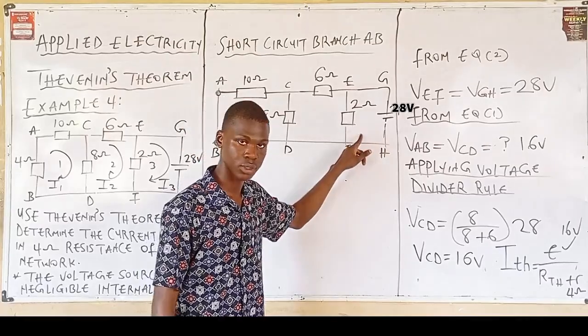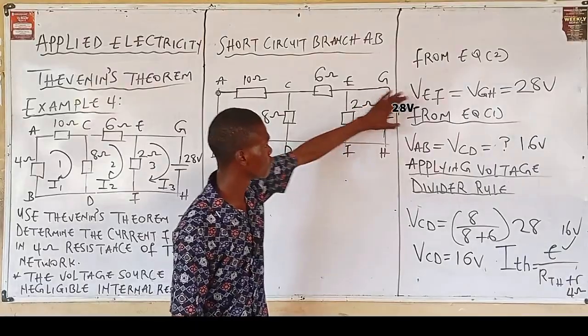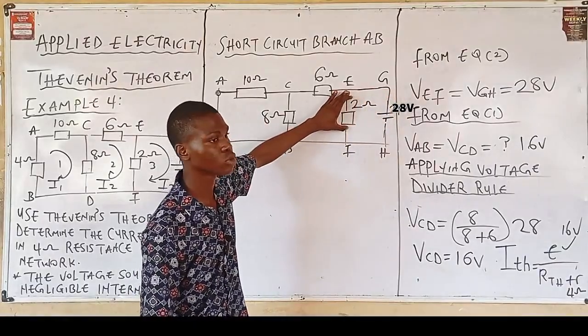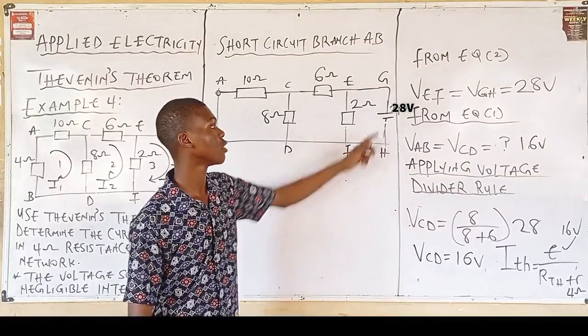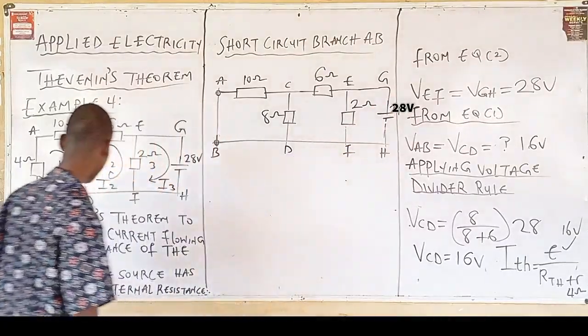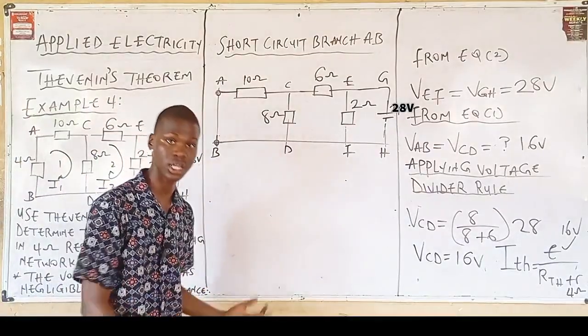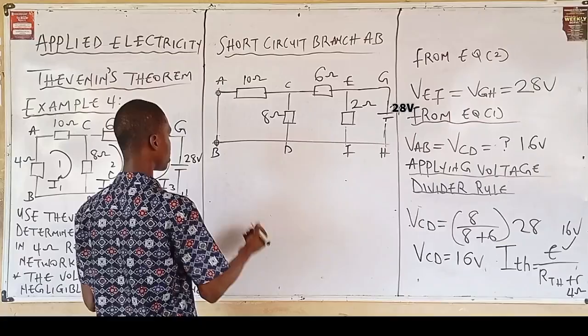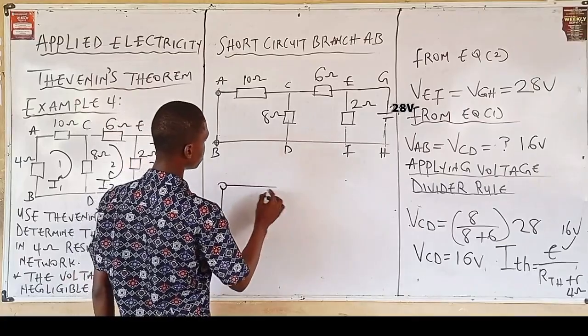So I'm also removing this 2 ohms, replacing it with the internal resistance of this 24 volts. But since the question says it has negligible internal resistance, meaning 0, you join your circuit, and you have this.